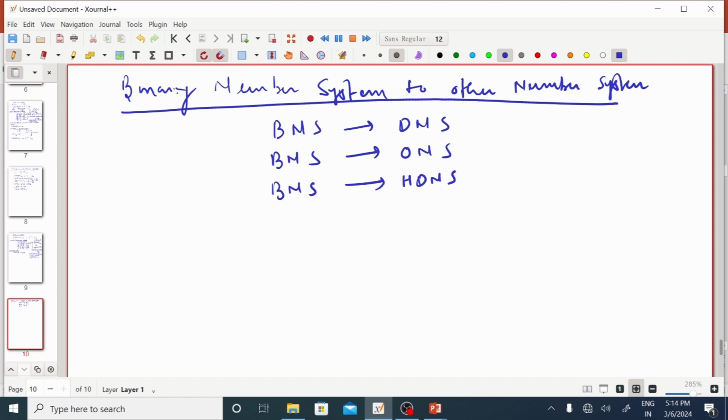Binary to decimal we already completed in the previous lectures; the process is the general process to obtain the equivalent number in a decimal number system.